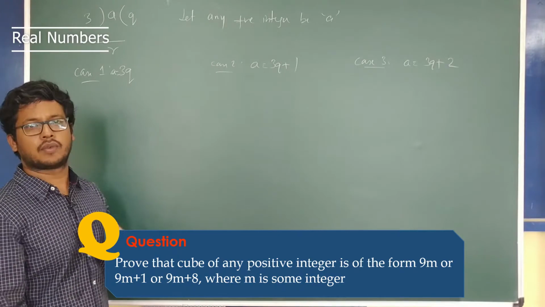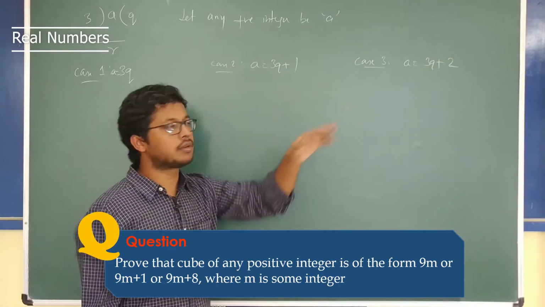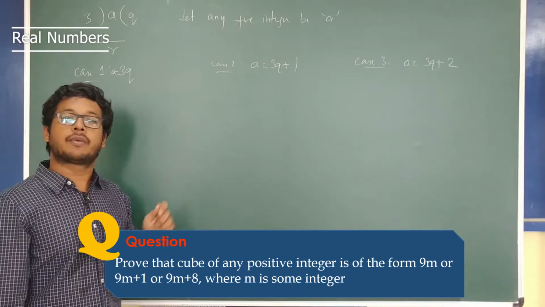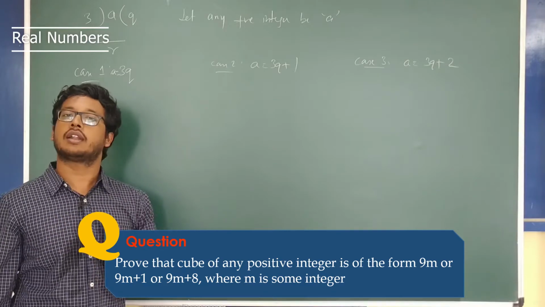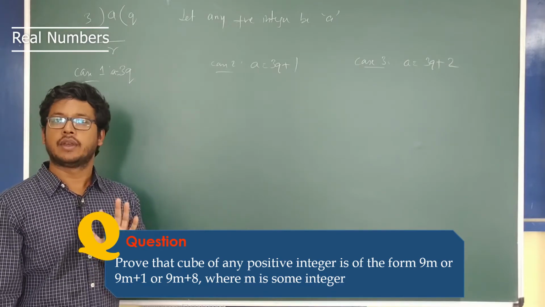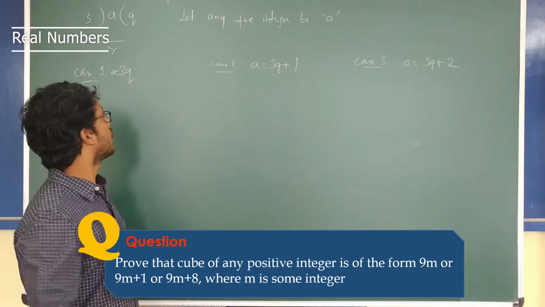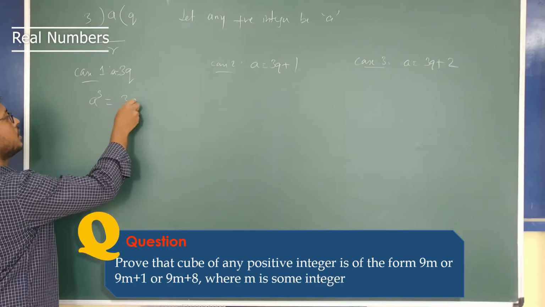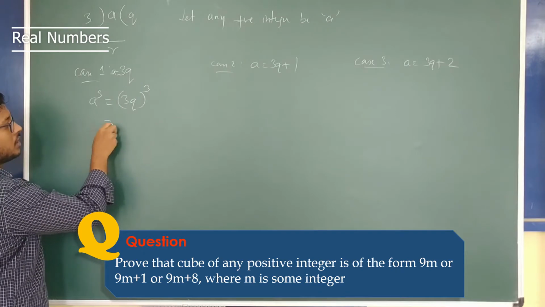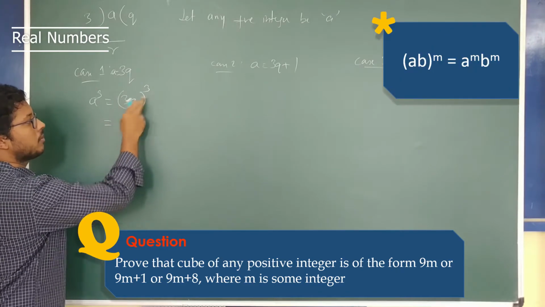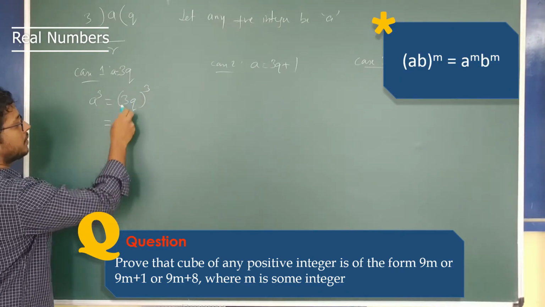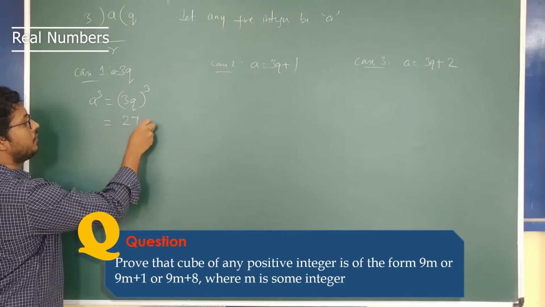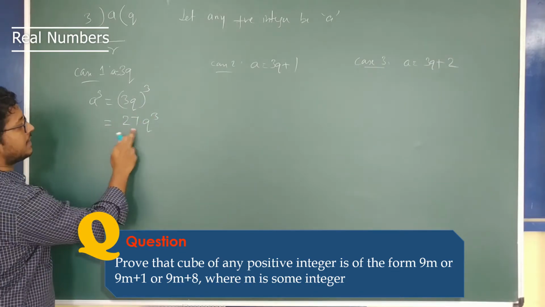Okay, now what we want to prove, when you take cube of any of these, this must be in the form 9m, 9m plus 1 or 9m plus 8, where m is some integer. So let's cube this one. When I cube this one, this becomes 3q whole cube. By applying laws of exponents, you take 3 separately, so it becomes 27q cube.